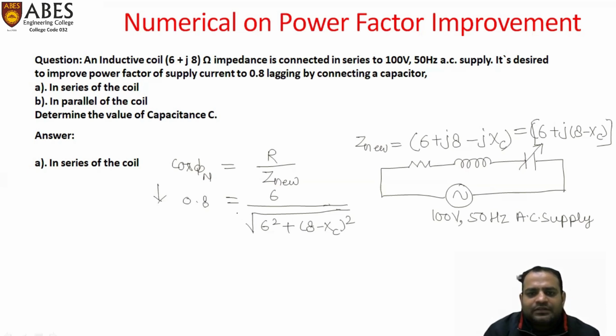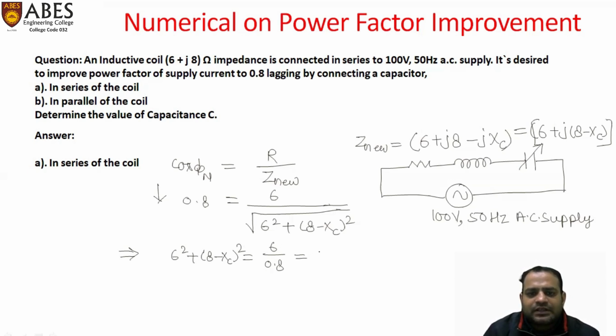After calculation of this equation we get 6 divided by 0.8 equal to the square root of 6 square plus (8 minus XC) whole square.